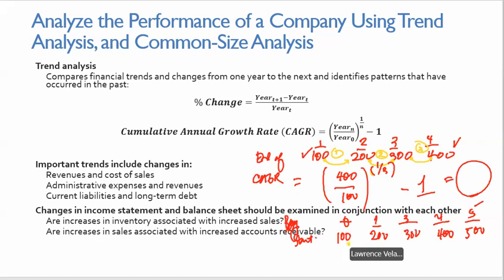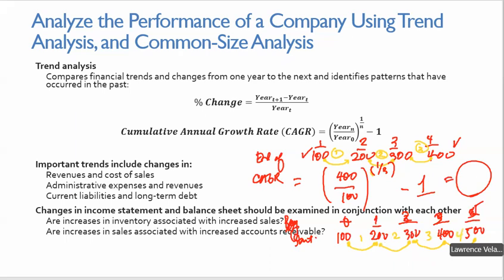Start of year 1 to end of year 1, right? Kasi isang taon yan, right? So end of year 1, sorry, mali yung bilang ko. 2, 3, and 4, okay? And then end of year 1 to end of year 2, end of year 2 to end of year 3, end of year 3 to end of year 4.